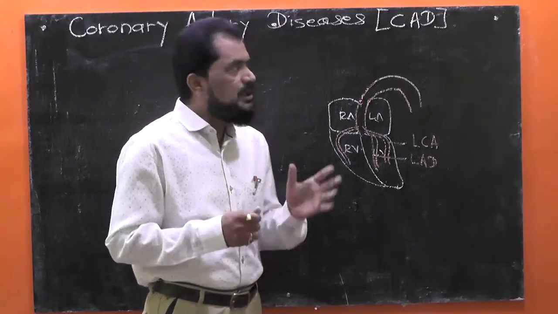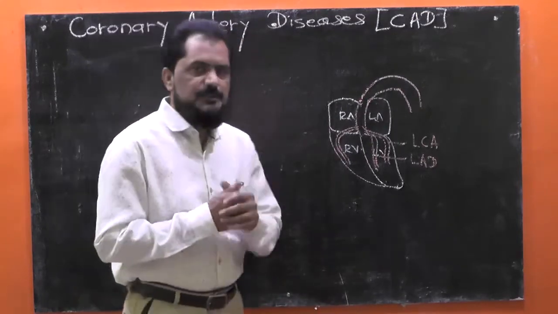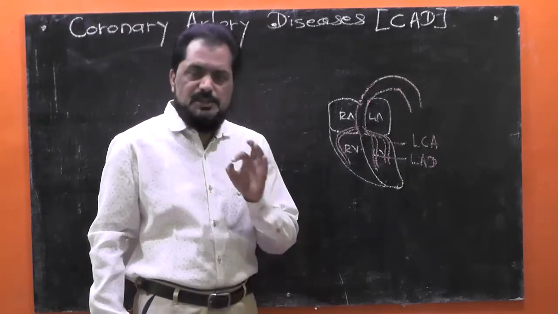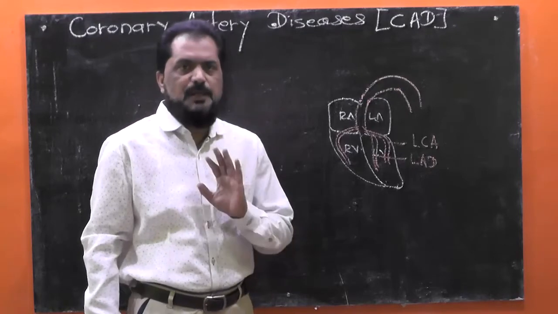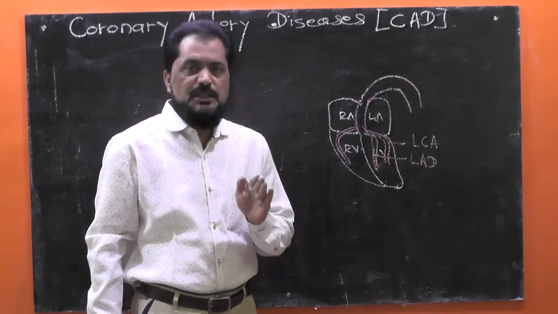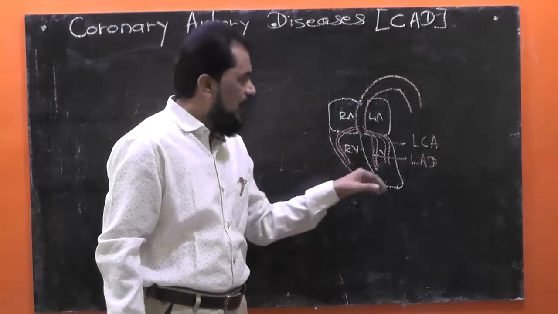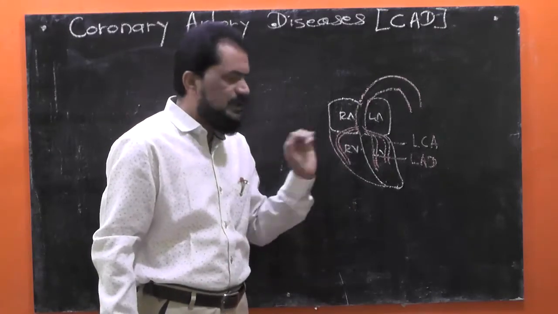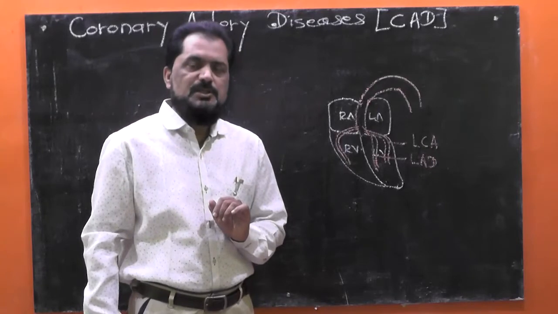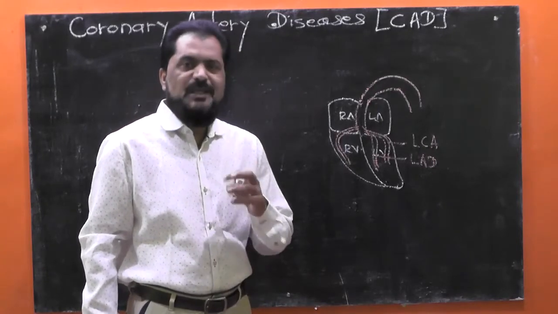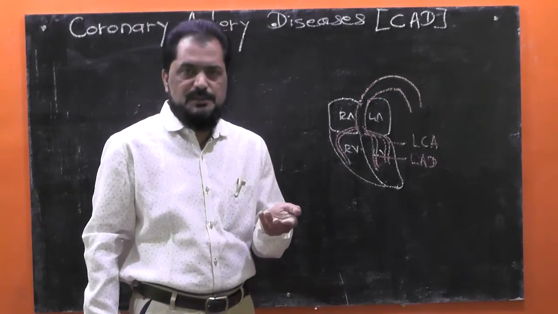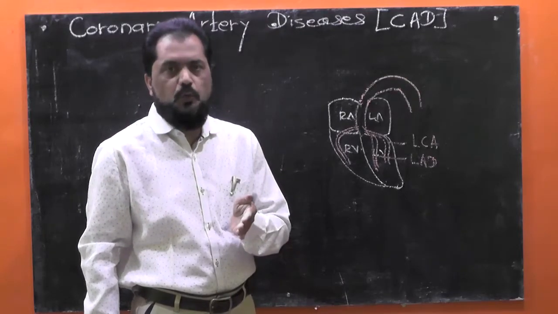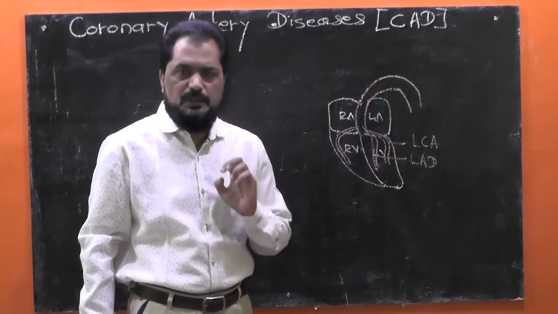Now, what are coronary artery diseases? I told you that the coronary arteries supply oxygenated blood with oxygen and nutrients to the heart muscles, to the cardiac muscles. The main function of these coronary arteries is the continuous supply of oxygen, nutrients and glucose to the cardiac muscles.